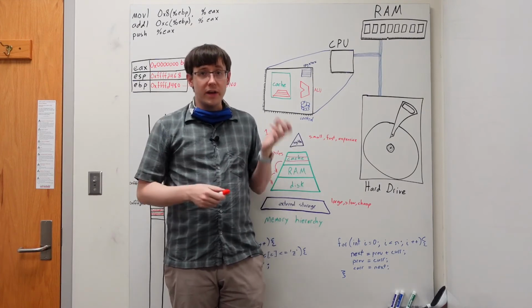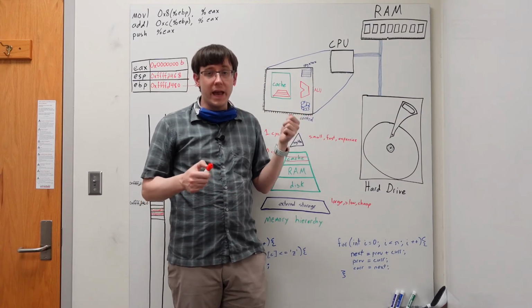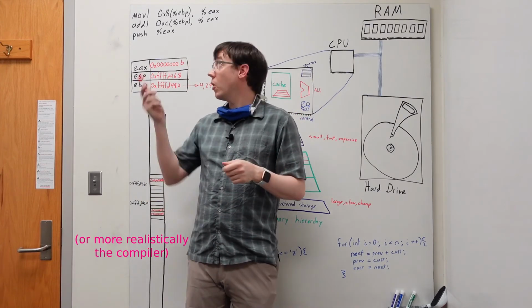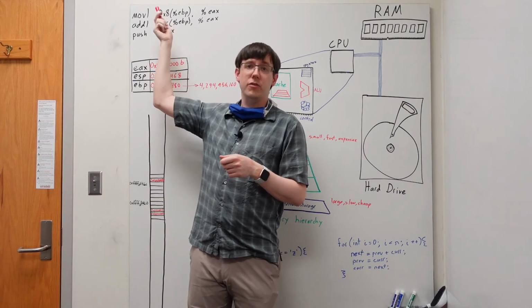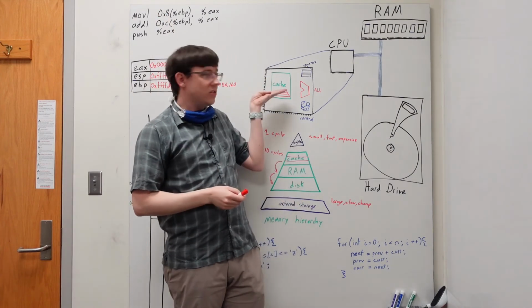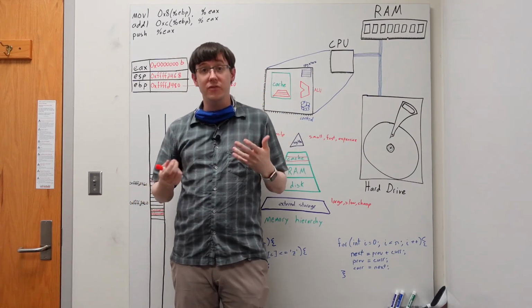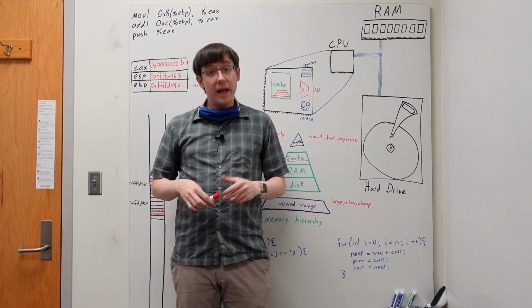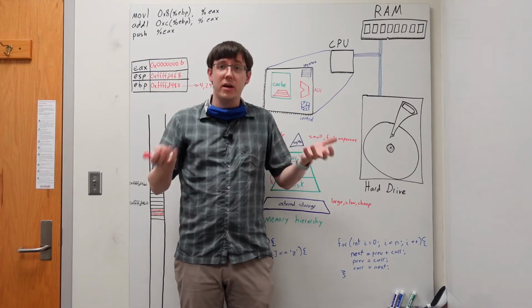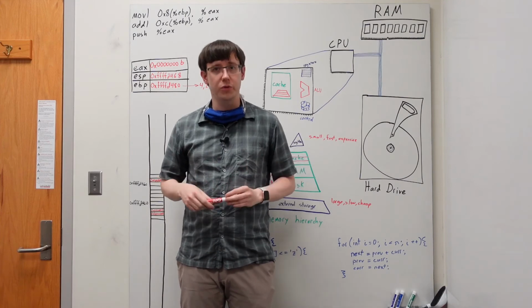By ensuring that each level is always a subset of the next, we can make it so that the programmer only has to ask for data by address, and that address can be sent to each of the levels in turn to see if the data is there. And the first one that gives back the data that we're looking for will allow the operation to proceed.